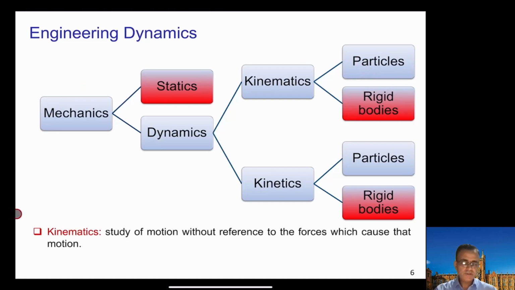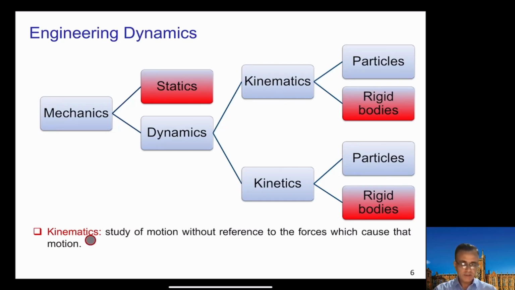Now, as you can see here, we can try to differentiate between kinematics and kinetics. Kinematics is the study of motion without reference to the forces which cause that motion. So assume that a body is moving on the road, for example, a car. In kinematics, we will only be concerned with the velocity, acceleration, and displacement of the car.